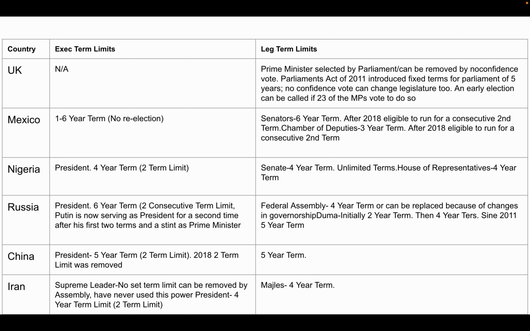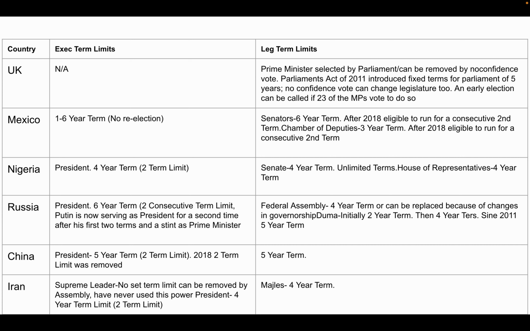And an early election can be called if two-thirds of members of Parliament vote to do so. Mexico, there is a 6-year term limit with no option for re-election. Senators serve 6-year terms in the legislature.